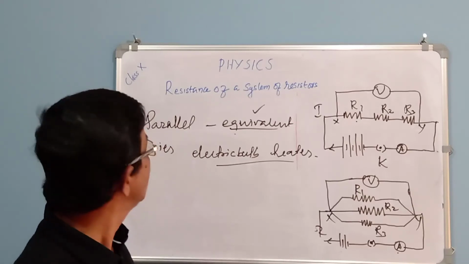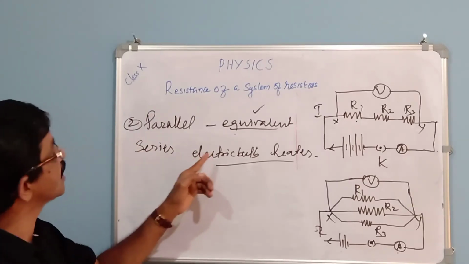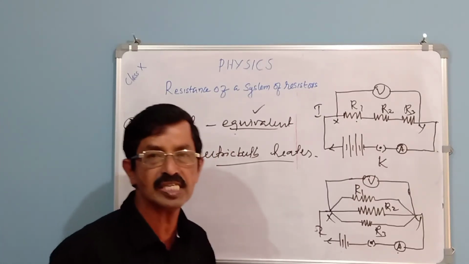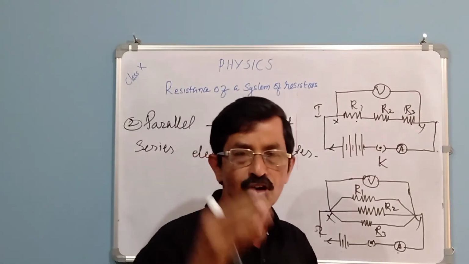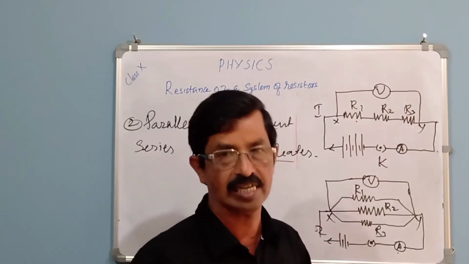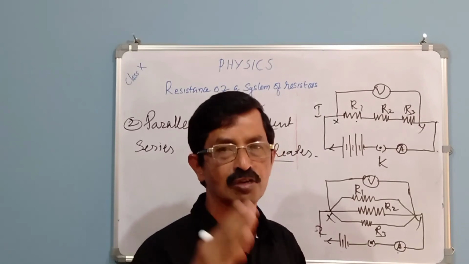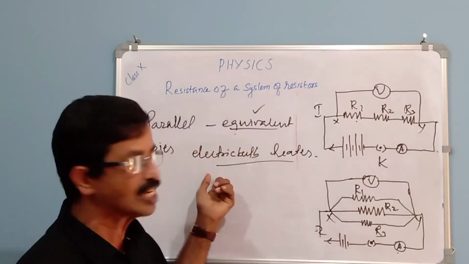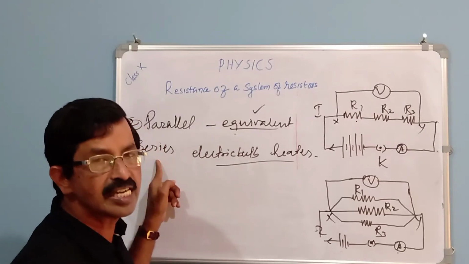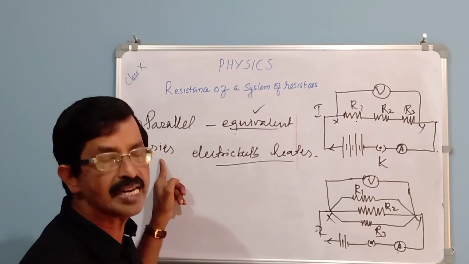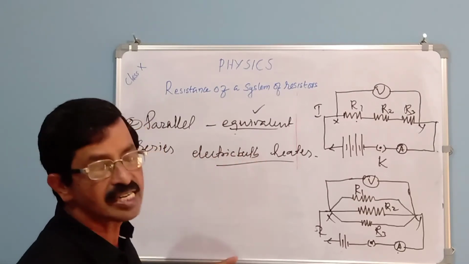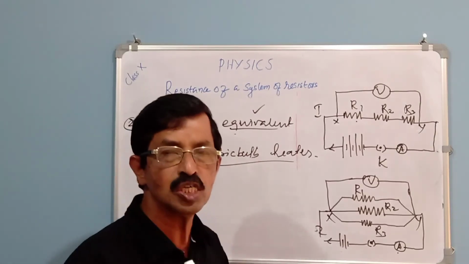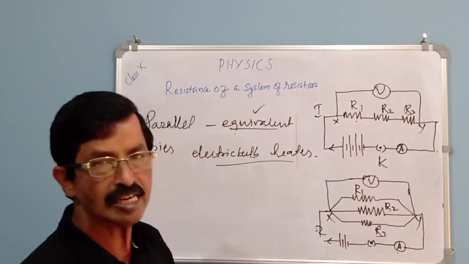That is the problem. Another problem when we connect these devices in series is that if any one of them fails to work, then all others do not work. Also each appliance does not get the voltage for its working. That is also another problem.